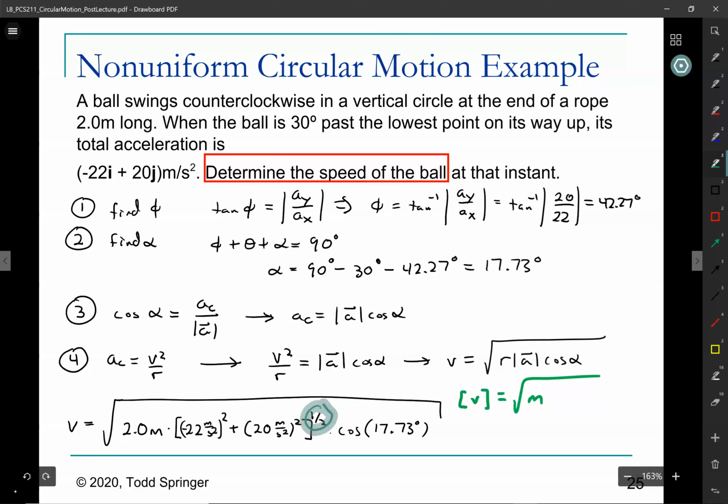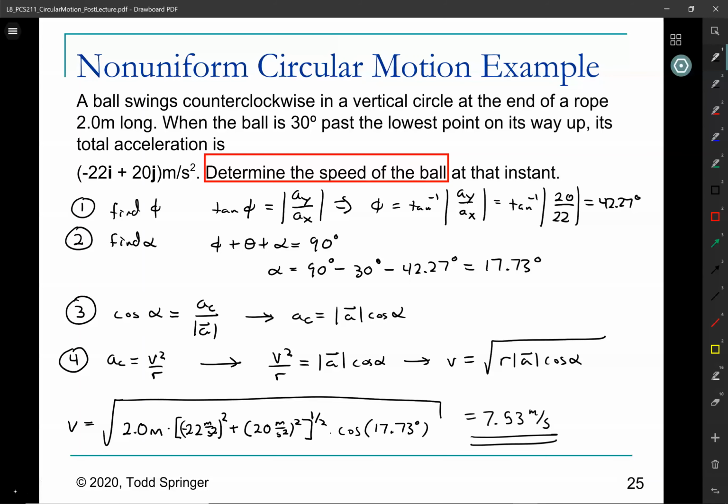So that's meters squared per second squared. Under a square root, that's meters per second. So the units are good. And finally, when I plug the numbers in, I got 7.53 meters per second.